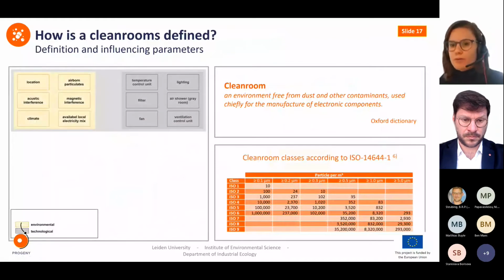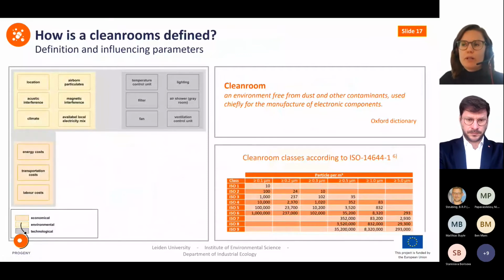With the help of the general morphology analysis, which we heard of before from Bernhard, we identified different morphospaces and all kinds of parameters which have an effect on this defined space and the particle amounts. So we have in gray the technical morphospace, and in yellow the environmental morphospace, like location and how many airborne particulates are there.